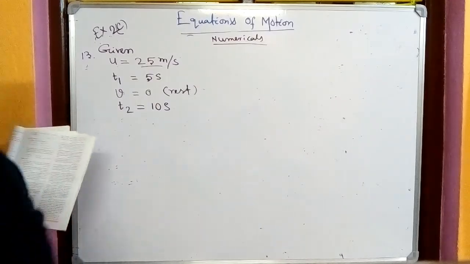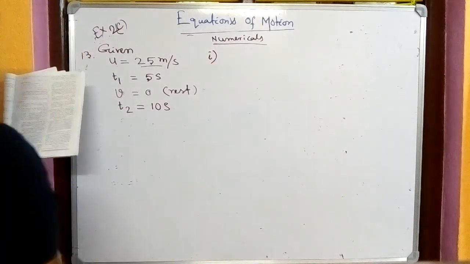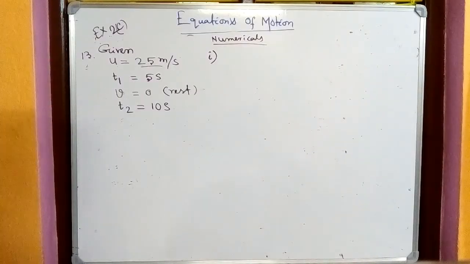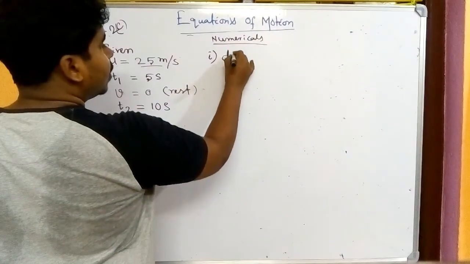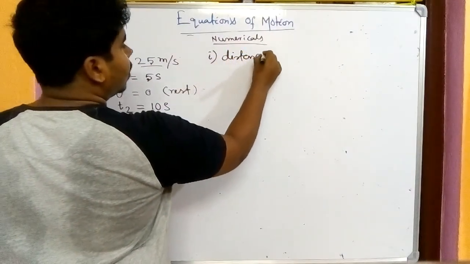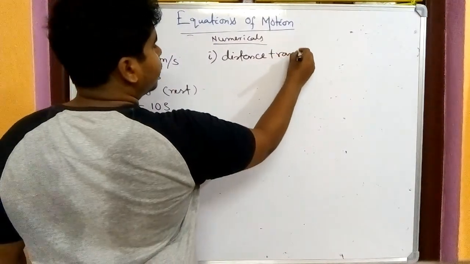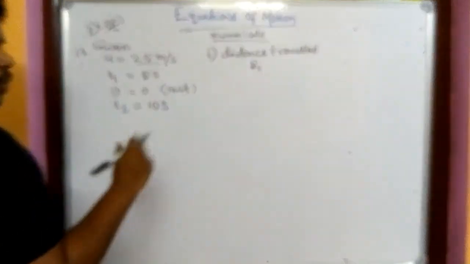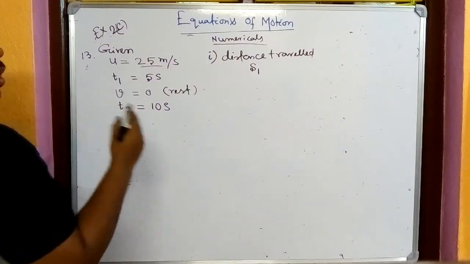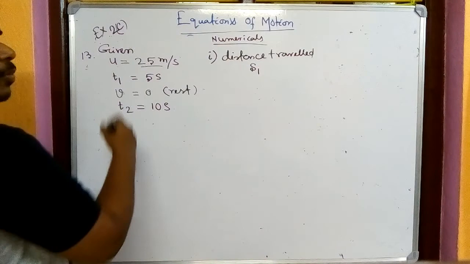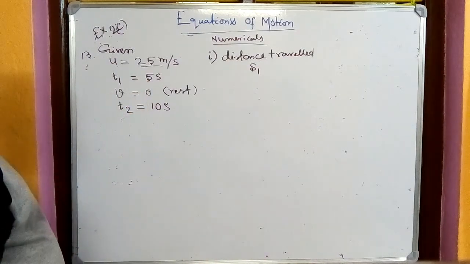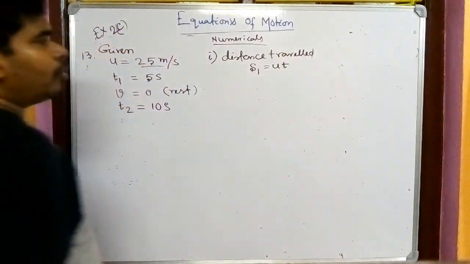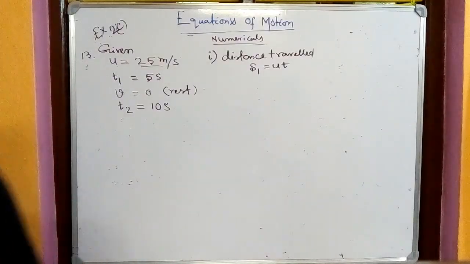Now question number 1. It is told to find the distance which the car travels before the brakes are applied. Distance we generally denote by s. So here first distance s1, constant velocity, that is u, 25 meter per second. How much time will it go? 5 seconds. So s equals u into t. Now you may ask, sir, why is there no other part?